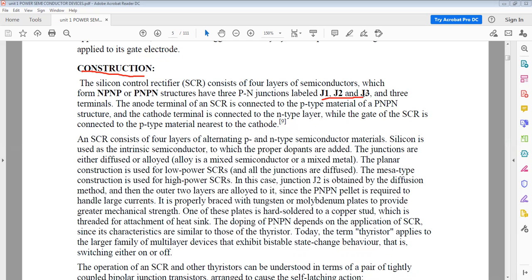The anode terminal of SCR is connected to the P type material of the PNPN structure. Let us see the construction of SCR. The symbol of SCR is similar to a diode, except that a gate is connected, represented by a line.